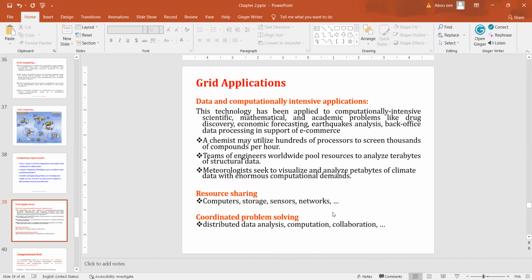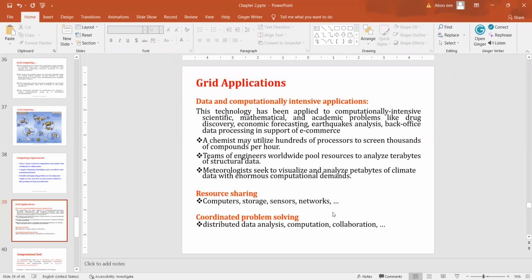Grid computing applications: chemists may utilize hundreds of processors to screen thousands of compounds per hour. In a sense, hundreds of processors can be used to filter, separate, or extract thousands of mixtures of chemicals.